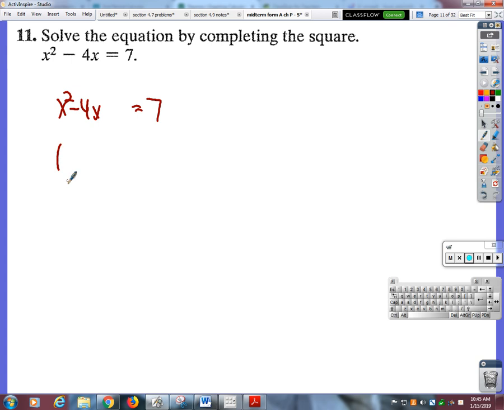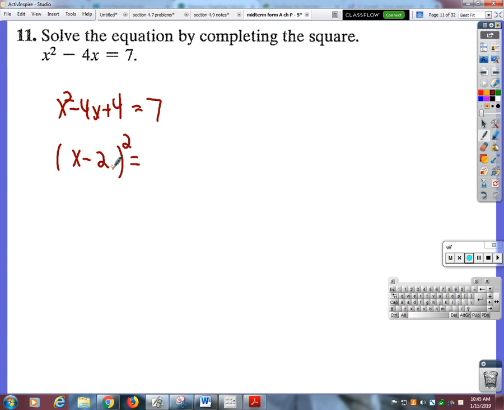In other words, to make it into something that I can factor as the same thing squared. You're on the right track. What I'm going to do is add 4 right there, because if I do that, that factors into x minus 2 times x minus 2.